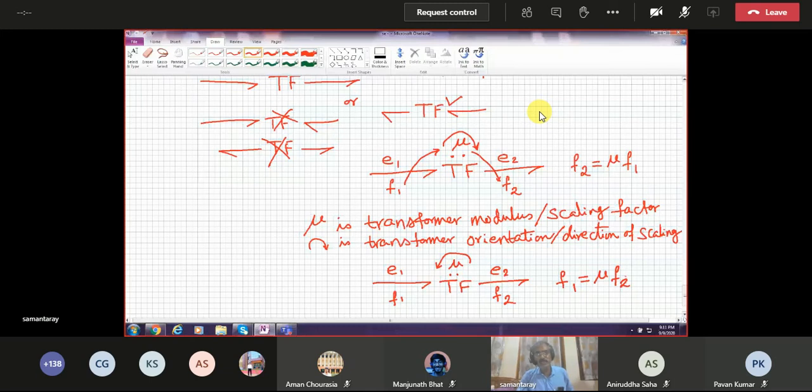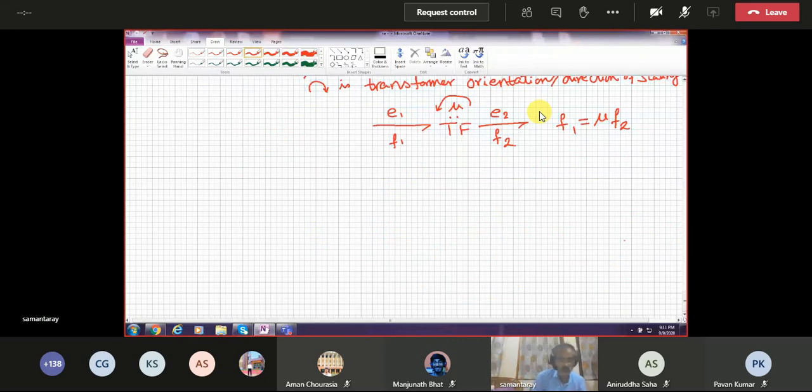So if this is the relation, we get some corollary relations. I will write down the corollary relations here, taking both the cases.